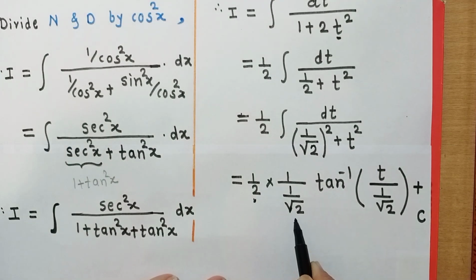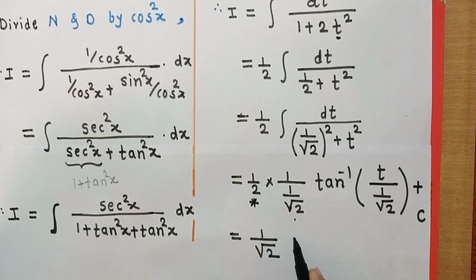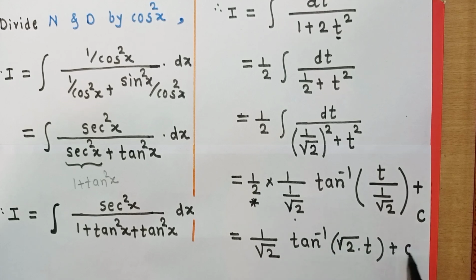Now check here, this root 2 gets cancelled with the 1 upon root 2 of this. So again we have 1 upon root 2 tan inverse of, and this root 2 will go upside. So we have simply root 2 into t and plus c.